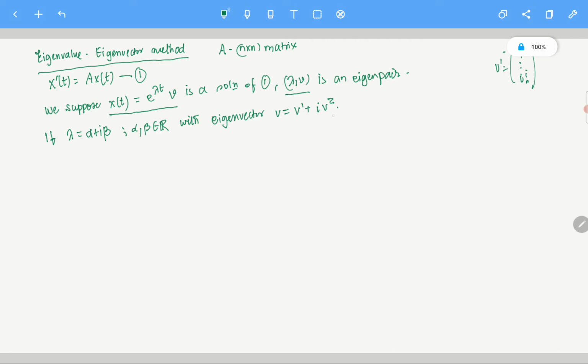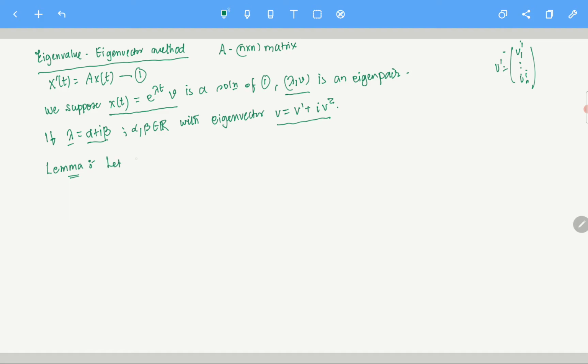Okay, so essentially we have an eigenpair such that λ is α plus iβ, and the corresponding eigenvector is given by v¹ plus i v². Now this lemma is a very important lemma, and I am quite sure you know this from your ordinary differential equations course.